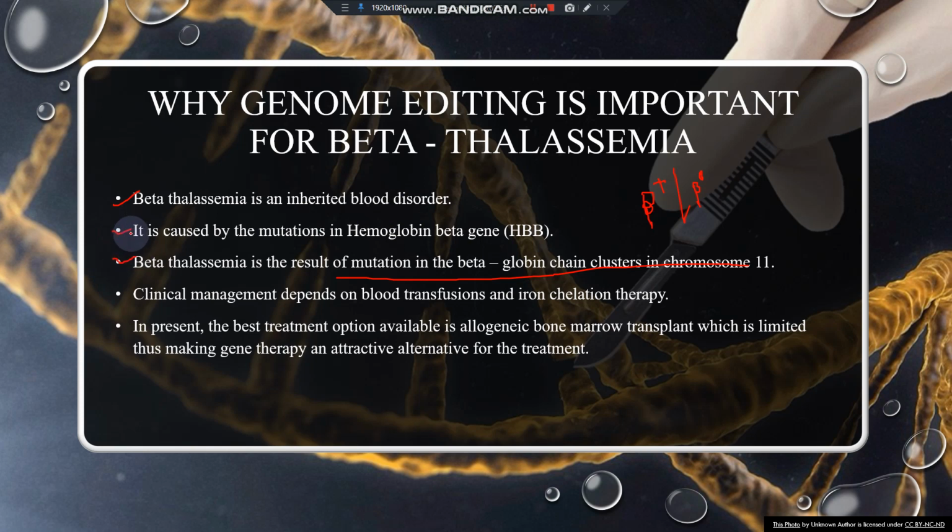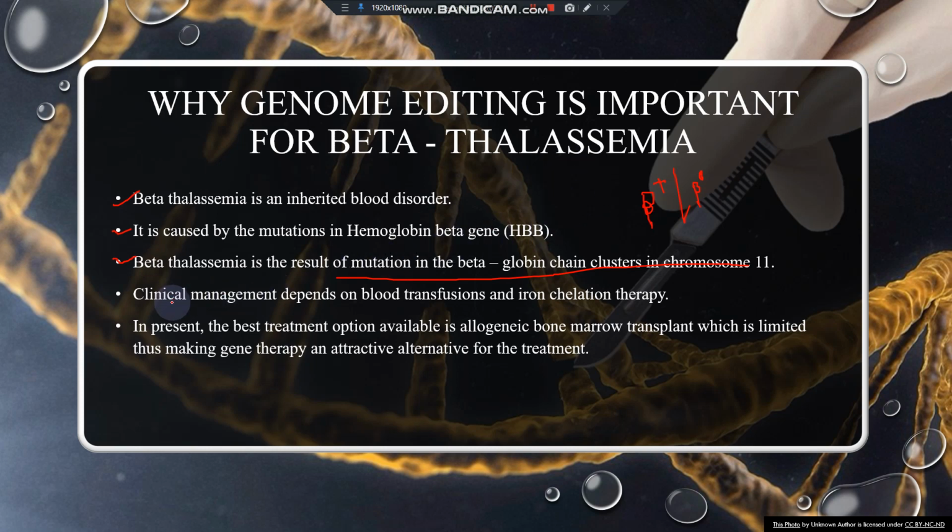It is heterogeneous at the molecular level, and there are more than 200 disease-causing mutations. The majority are single nucleotide substitutions, deletions, or insertions of oligonucleotides, leading to frameshift mutations.